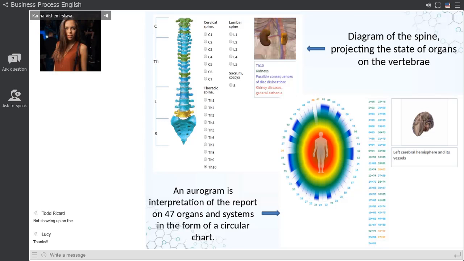So if some problem is caused by the organ, we may have a disc displacement, and by the symptoms you have, you can discover if this is true or not.